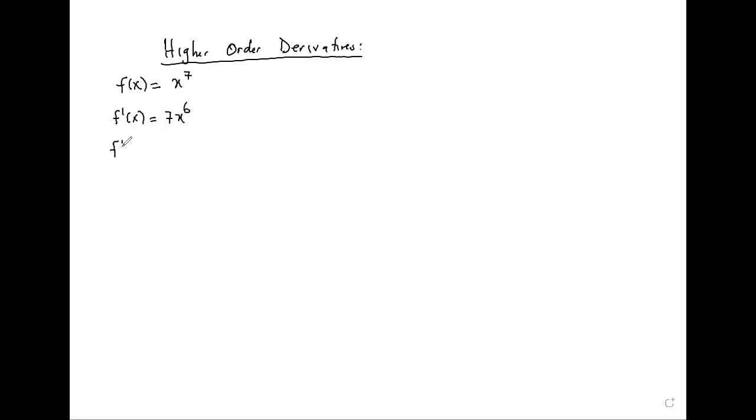Then the second derivative, you differentiate the first derivative. So it will be 7 multiplied by 6 x to the power 5.